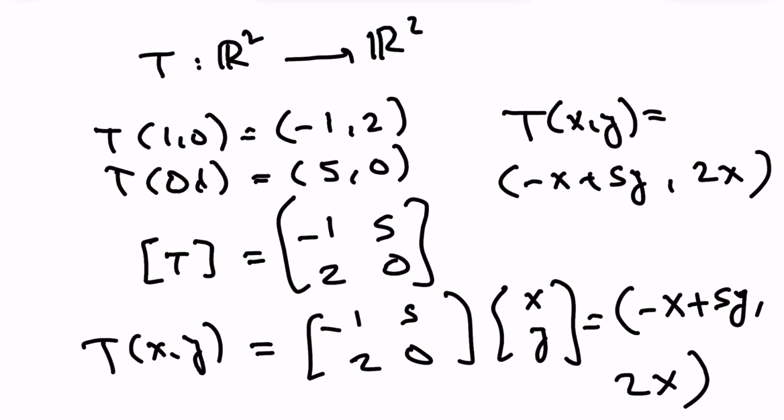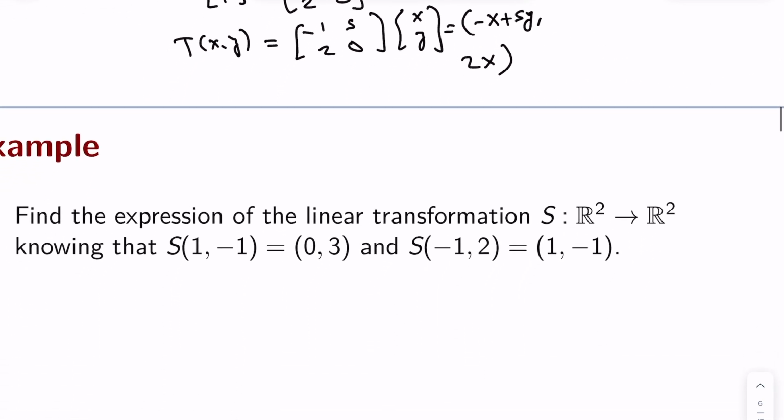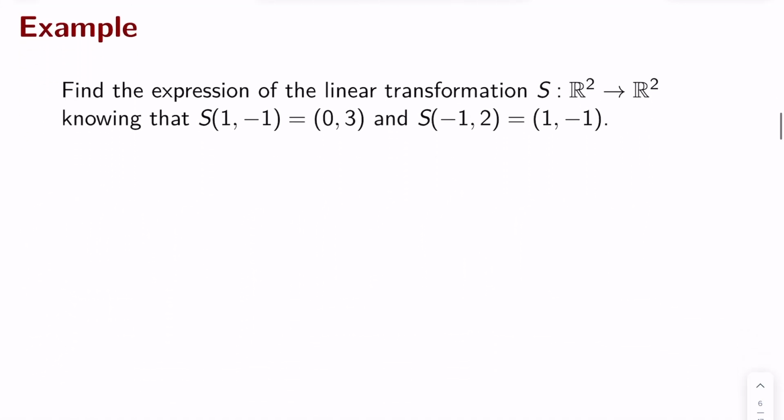But you see that in this case, in order to calculate the expression of the transformation, it was very important to know how much is the transformation on the standard unit vectors. Well, sometimes we know the transformation in some other basis, not necessarily the standard vectors. In those cases, we also should be able to calculate the transformation.